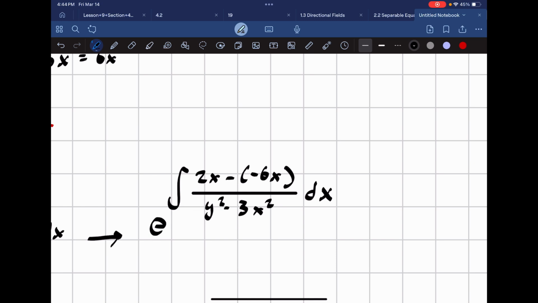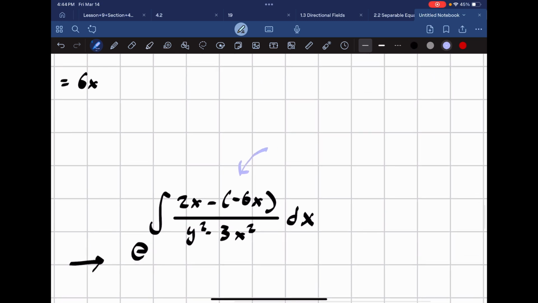We have 2x minus negative 6x, so that would just be 2x plus 6x, which is 8x, all over y squared minus 3x squared.